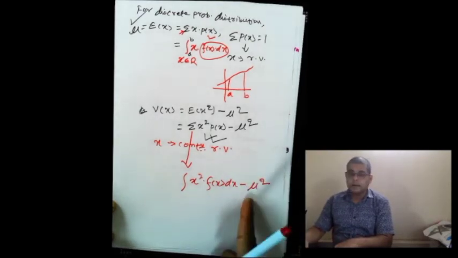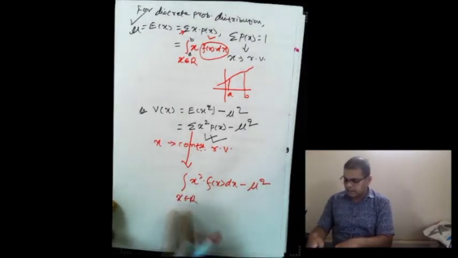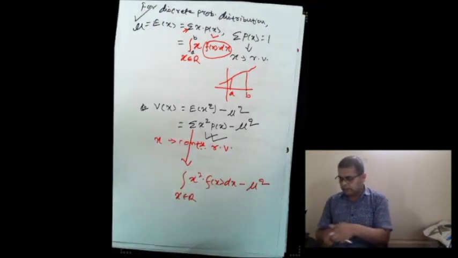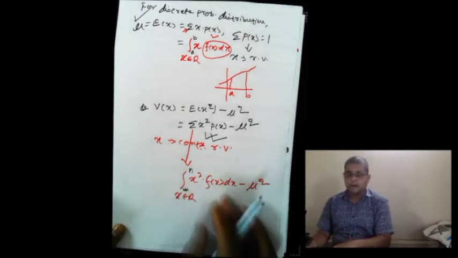This is for the continuous probability distribution, and you can write x belongs to R. You have to state the range of values of x in the integration. In general, the lower limit can be m and the upper limit can be n, where m and n are any numbers.